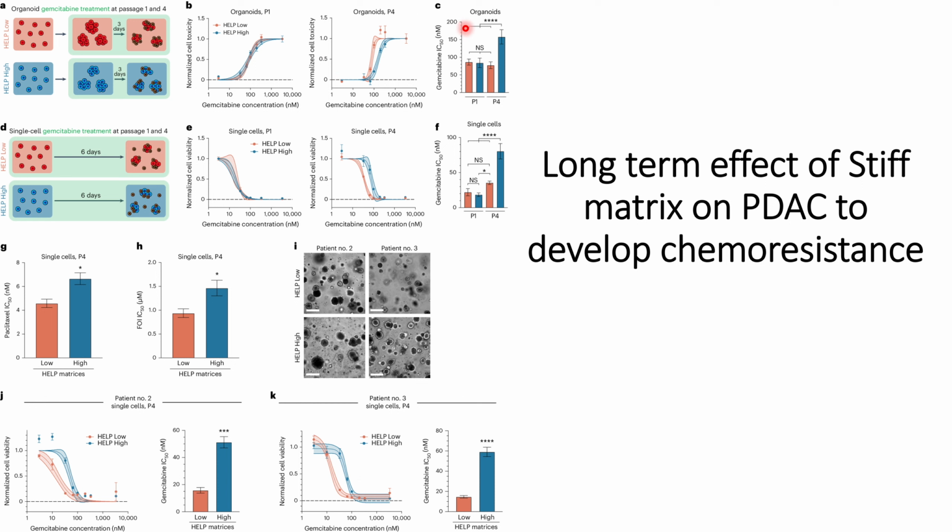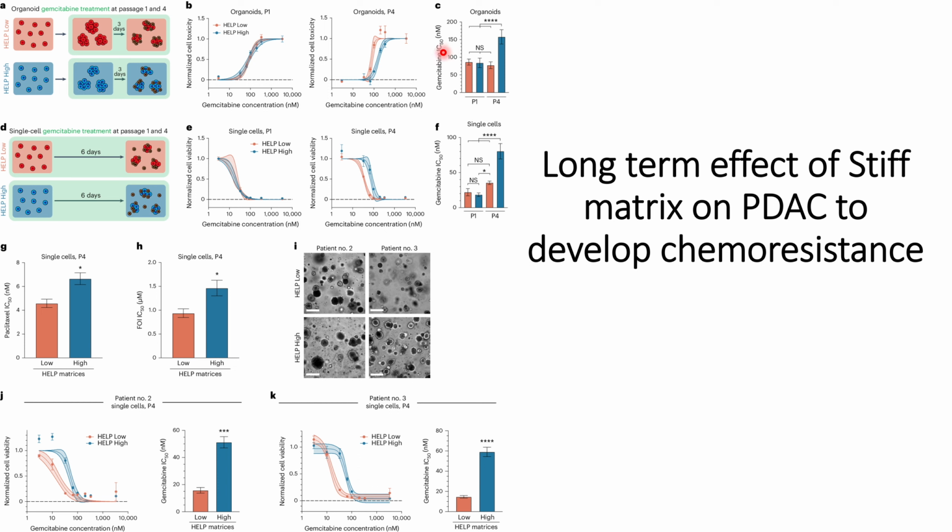The quantifications are shown in panel C, where they quantified based on the IC50, which is the amount of drug required to inhibit 50% of the biological functions of the pancreatic cancer cells.